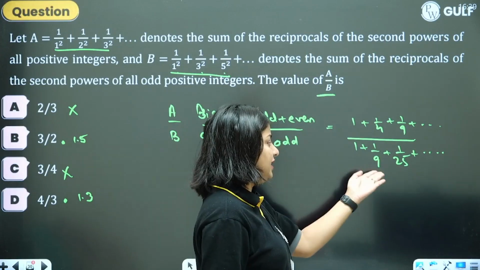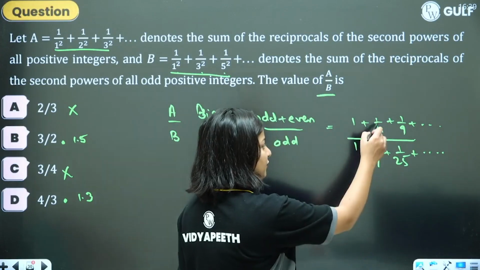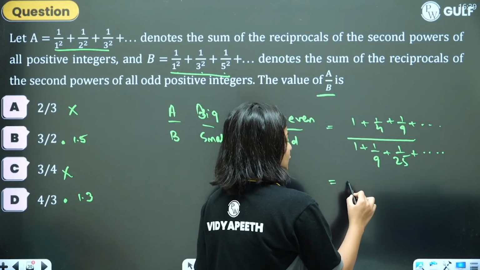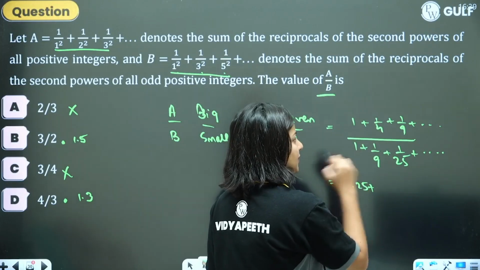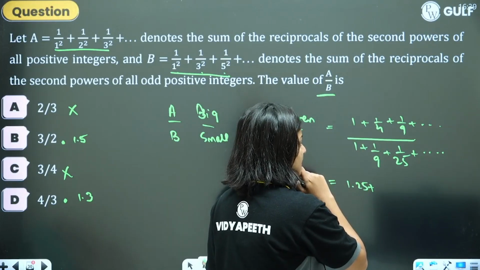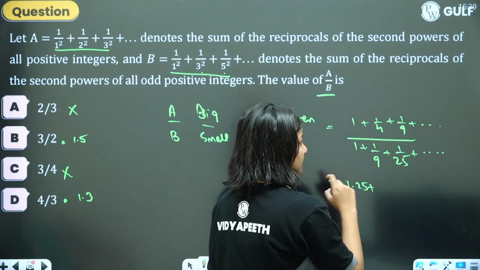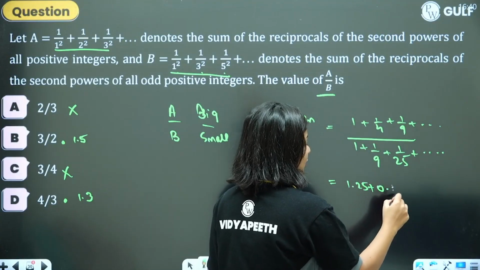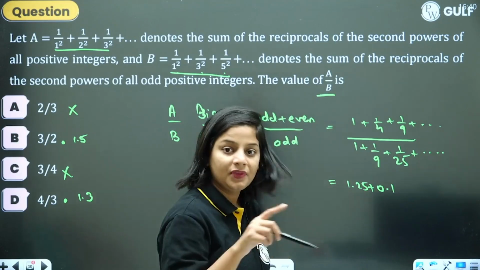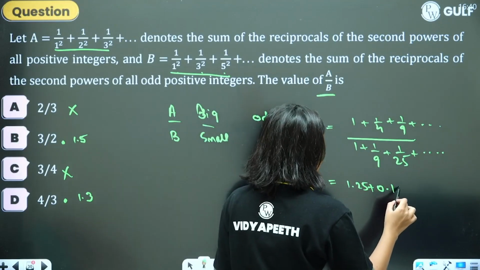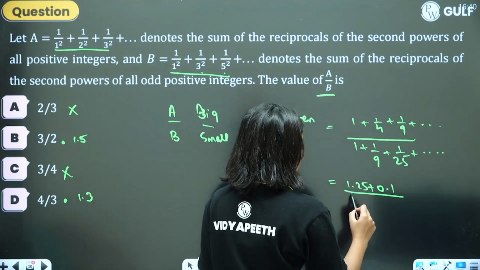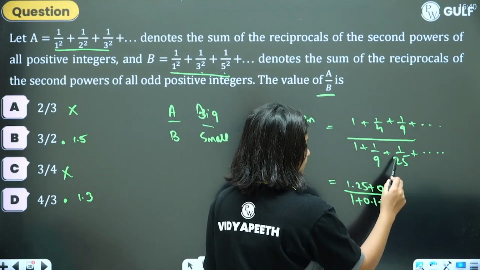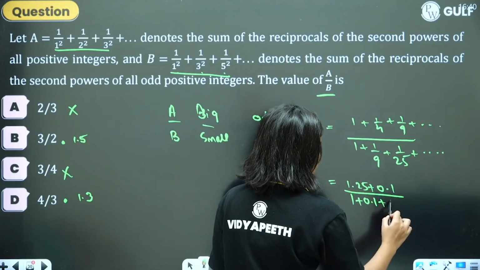Calculate, I mean add up. 1 by 4 is 1 plus 1 by 4, 1.25 plus 1 by 9 will be 0.1, 1 by 25, 0.04.